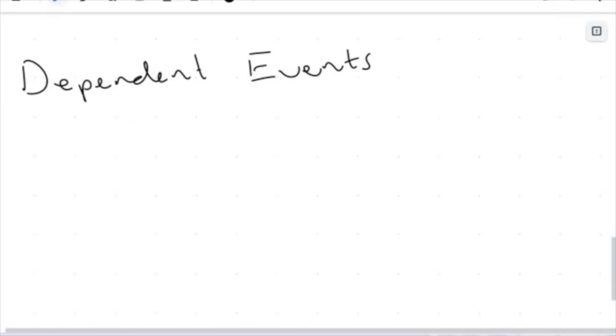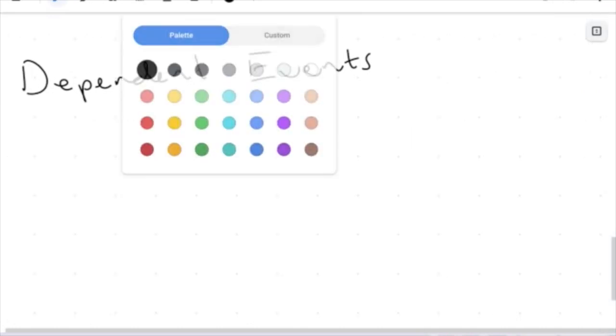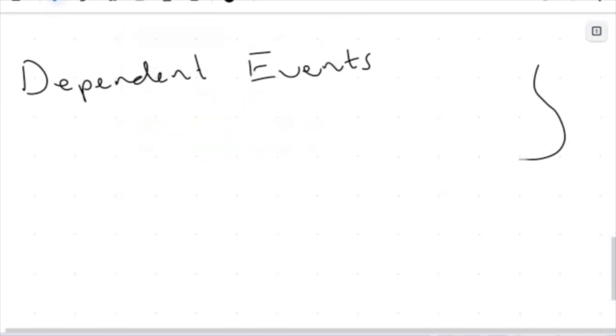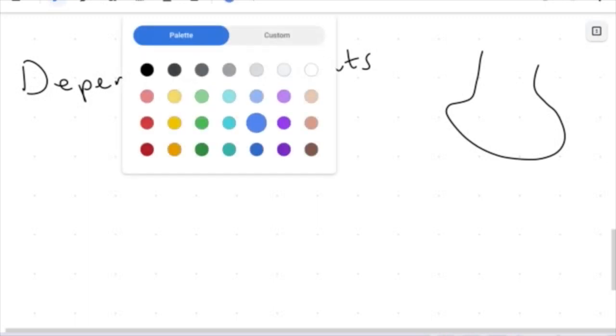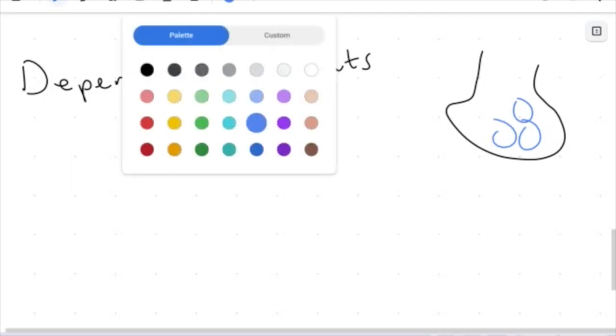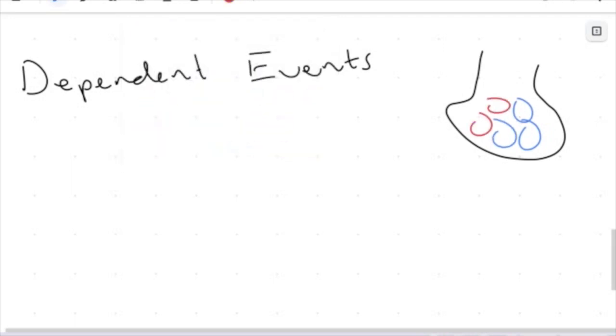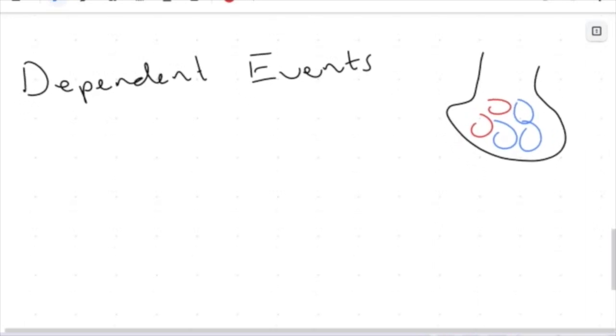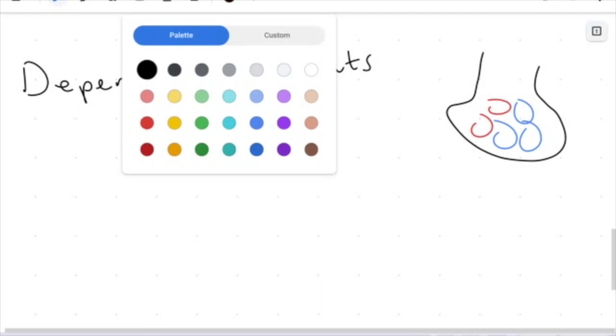Let's go back to a question we did a while back, which was you had a bag of, let's say, blue and red balls. We modeled this using a probability tree.